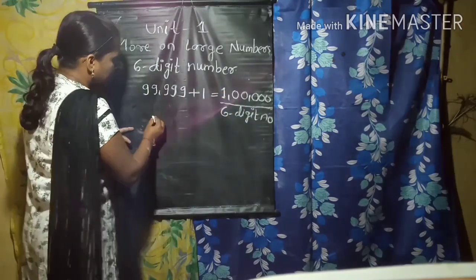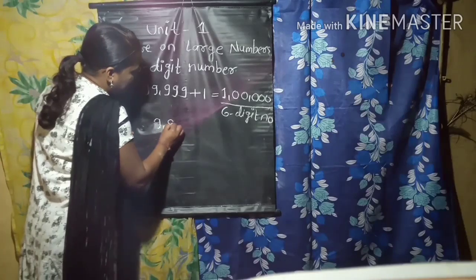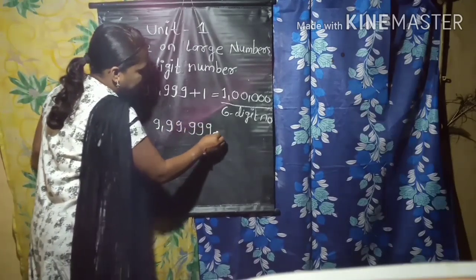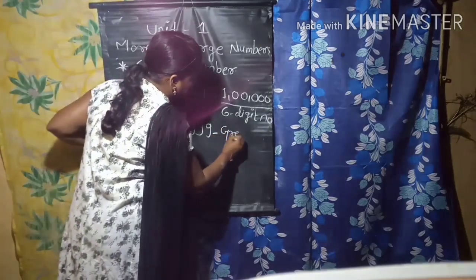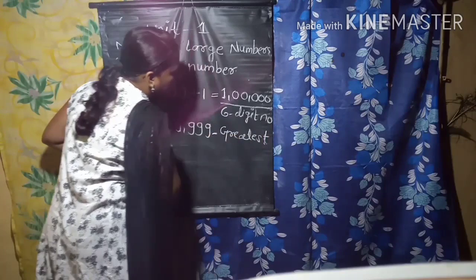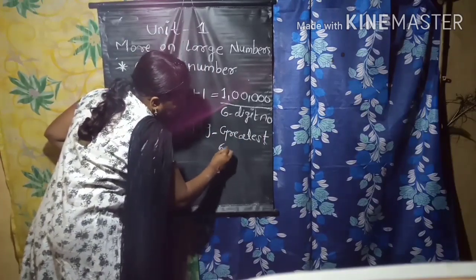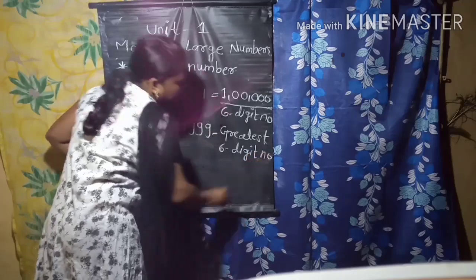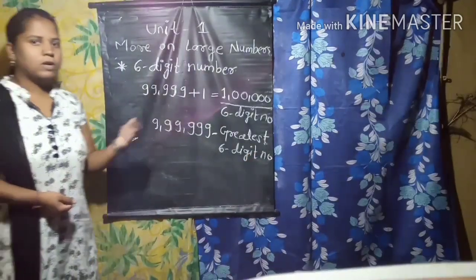Like that, 9,99,999 is the greatest 6 digit number.